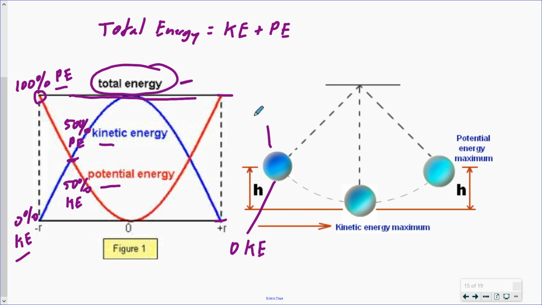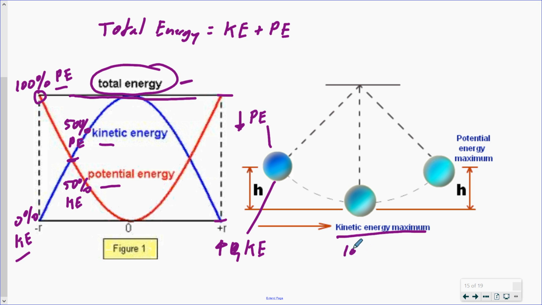So what we have is potential energy, and specifically gravitational potential energy. So if you do release that ball, what's going to happen is the potential energy is going to go down, and the amount of kinetic energy is going to go up until it reaches right at the bottom. So when it reaches the bottom of the swing here, we're going to have, as it says, maximum kinetic energy.